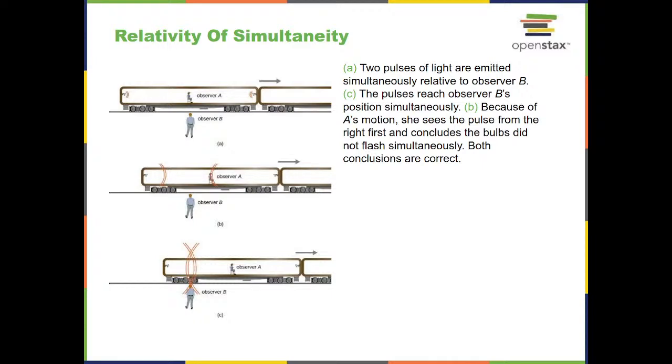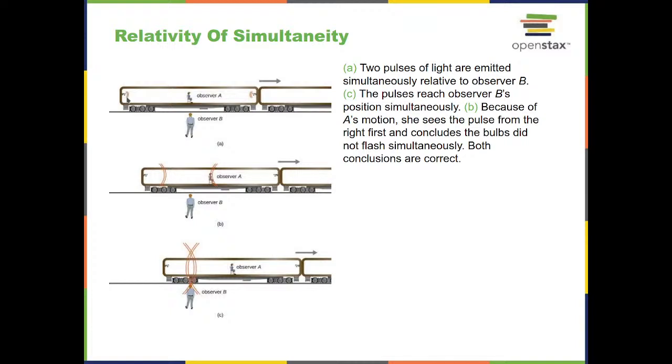So one of the conclusions that you cannot get around in special relativity is that there is no such thing as simultaneous events. If something happens at different points in space, in this case at the front of the train and the back of the train, then you cannot say that things happen at the same time at those points.